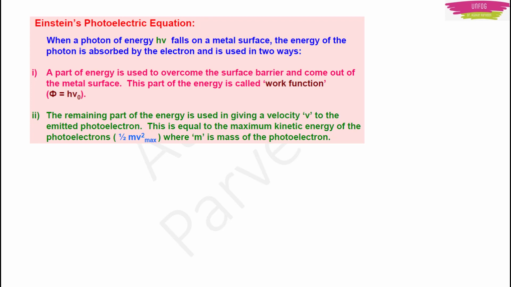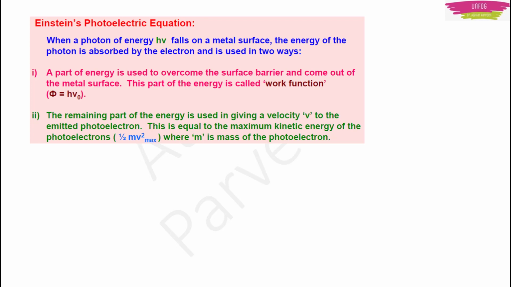This energy we call the work function. This is also E equals h nu only, but we are giving it the symbol phi naught, right? So here for frequency nu we will write nu naught. E equals h nu naught. Then the remaining energy is used in giving velocity to that emitted photoelectron. That's the reason why if we want more energy from the photoelectron, then we have to give more energy to the photon.